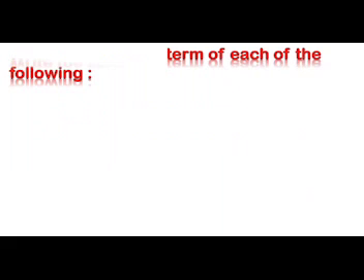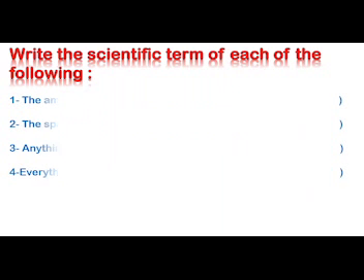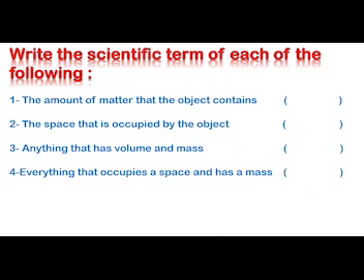Okay. Question 3. Write the scientific term of each of the following. This is a new question. It means that I will give you a long sentence and you will describe it with one word. For example, the amount of matter that the object contains. This sentence is for what? This is the definition for mass. Perfect.